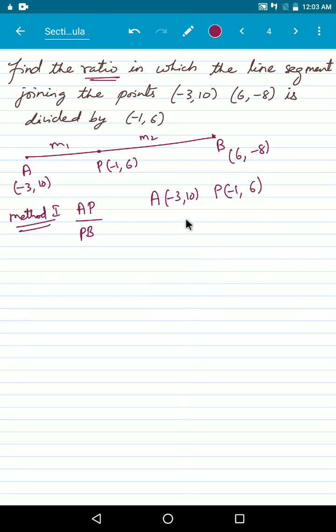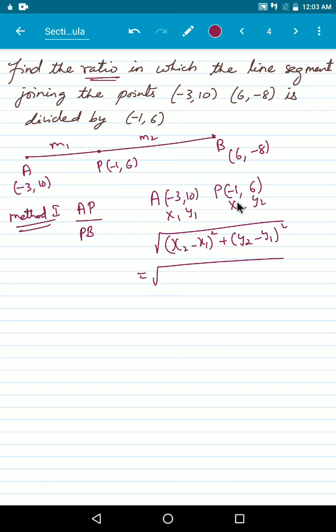I hope you remember the distance formula. This is x1, y1, this is x2, y2. Distance formula is the square root of (x2 minus x1) whole square plus (y2 minus y1) whole square. So x2 is -1, minus of -1, minus of -3 is plus 3... so plus 2 whole square, plus y2 is 6 minus 10 whole square.